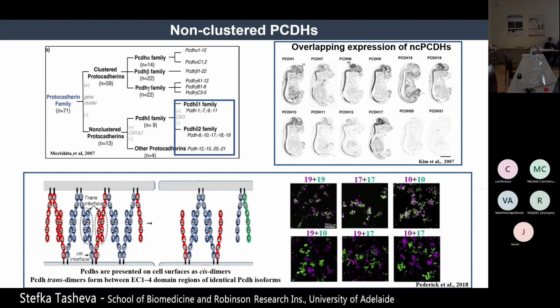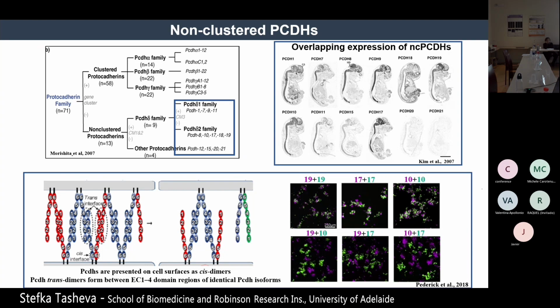But when we have cells that express only one non-clustered protocadherin, for instance, 19 in the last example here, and we mix this cell population with another population of cells that express PCDH10, so a different non-clustered protocadherin, you can see that the cells segregate apart. So there's no adhesion code between them to interact.